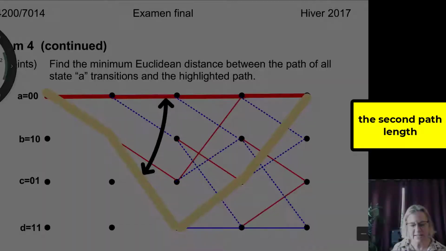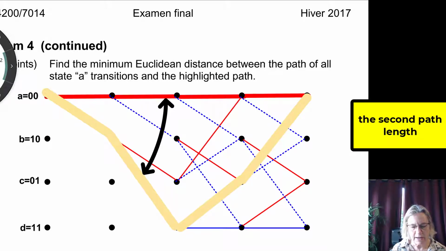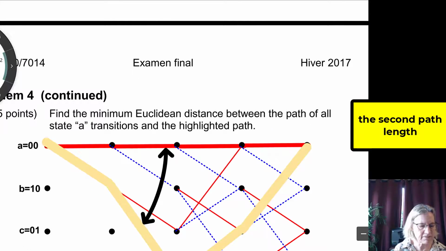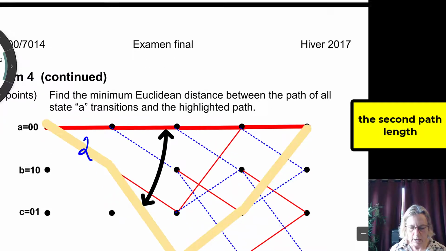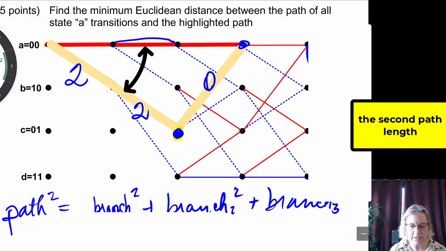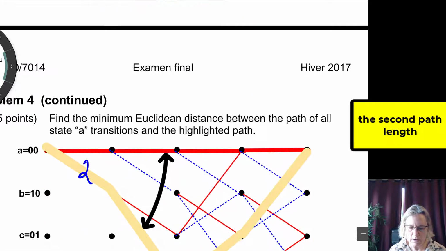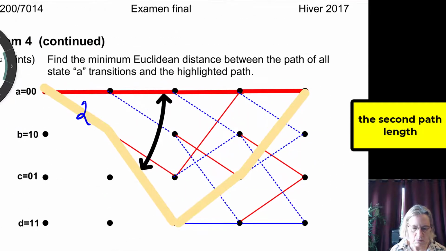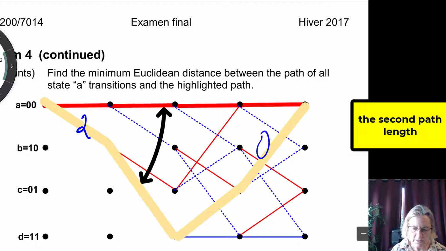Now I do the exact same operation here. So I can reuse some of my information here because I've already examined the difference between these two paths, and that was a 2. And the path here I've already examined. This was the 0.